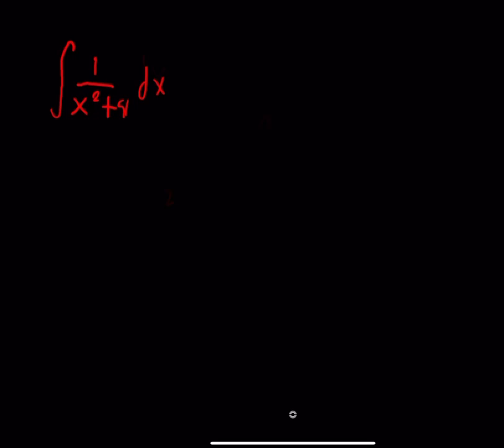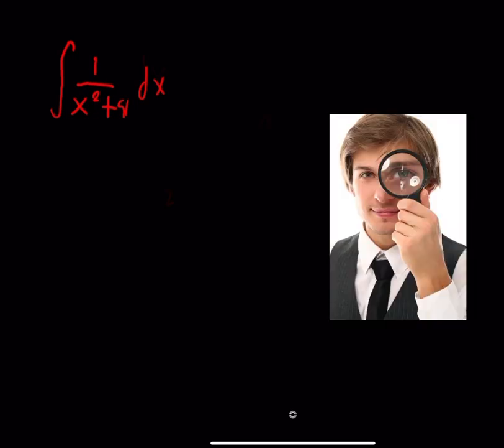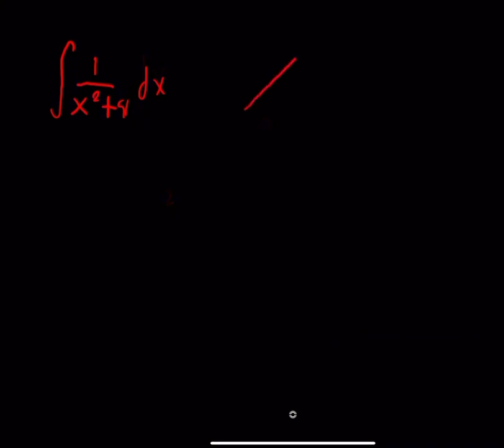So, for an integral like this, we can see that there's a pattern that's very easily recognizable, which if we look at a right triangle, we can see that if we have a here and b here, this is root a squared plus b squared. Now in this case, let's try making a version of this triangle.